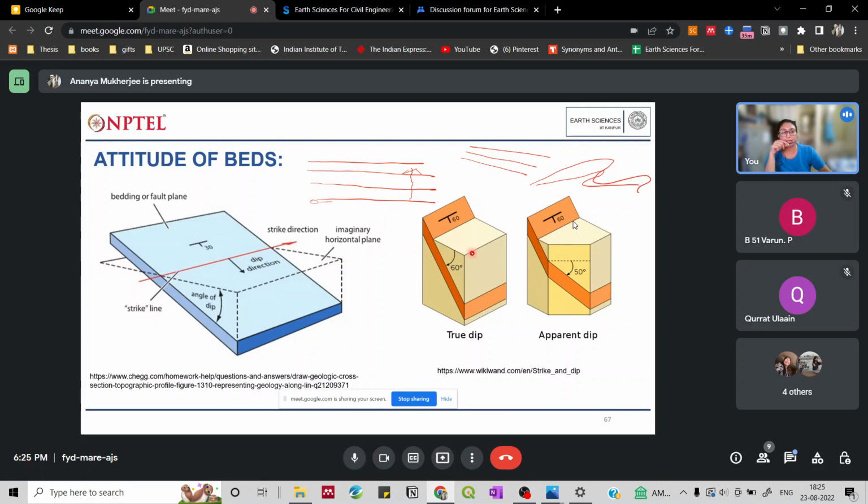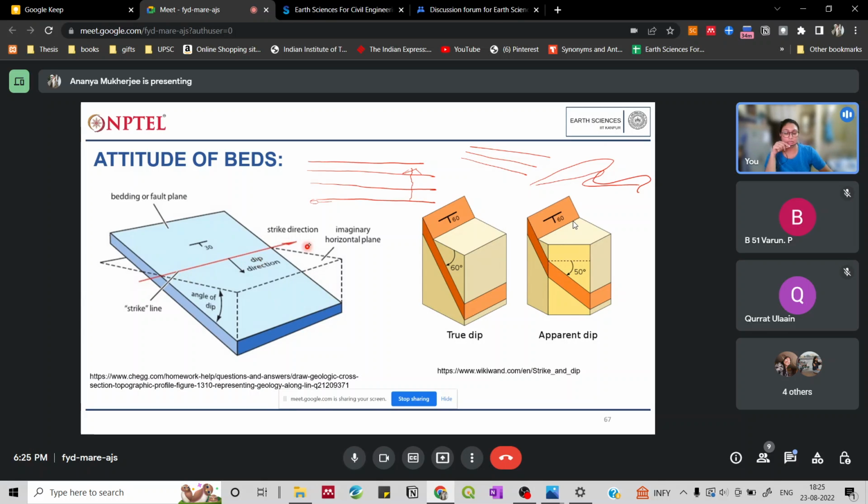Suppose I intersect one horizontal plane with this bed. This bed is at an angle compared to the horizontal, so we imagine a plane intersecting the bed layer. Where the imaginary plane cuts the rock layer, it produces a linear line. The inclination of this line is 0 because it's a horizontal plane.